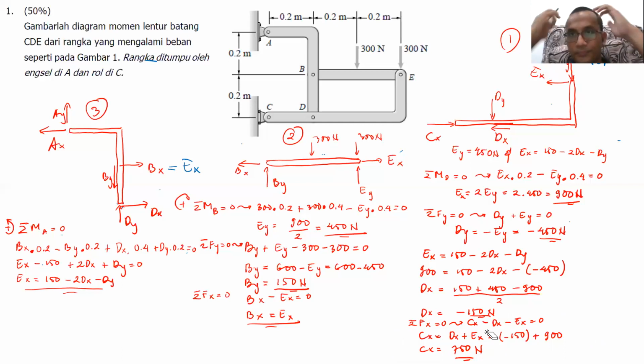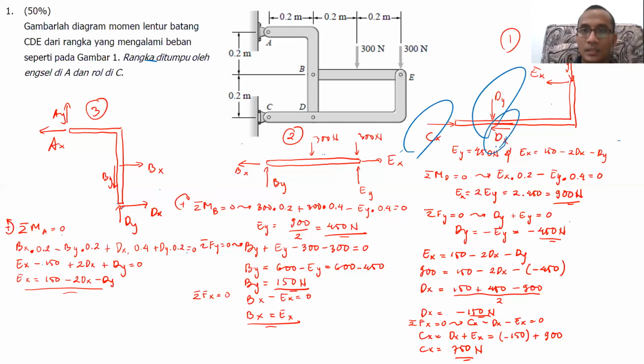By knowing all of the values here, what I will do next is draw the last free body diagram, which consists of the final values of all of those with the correct direction.